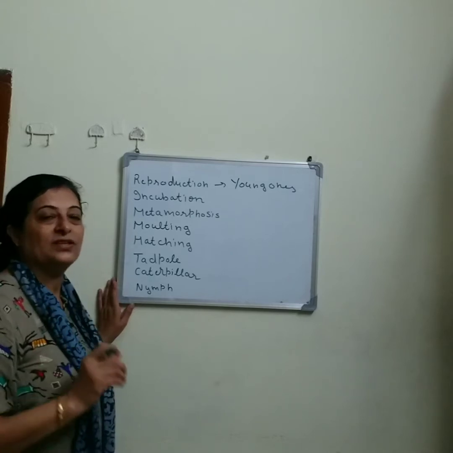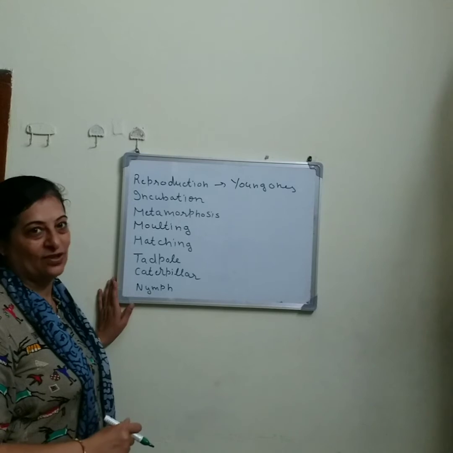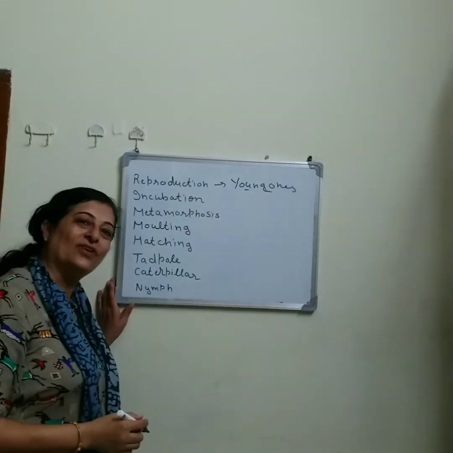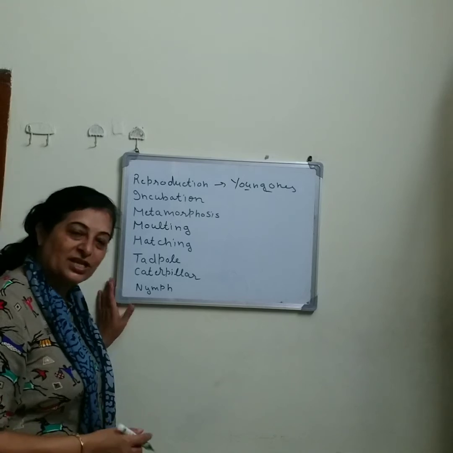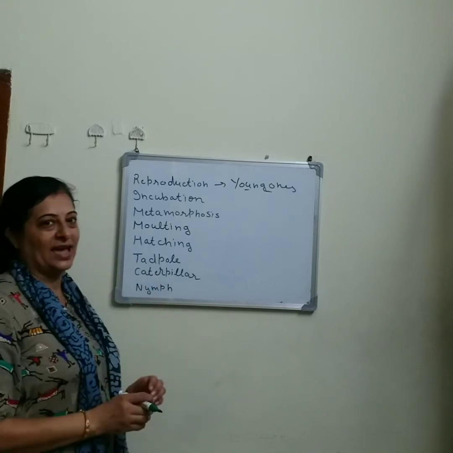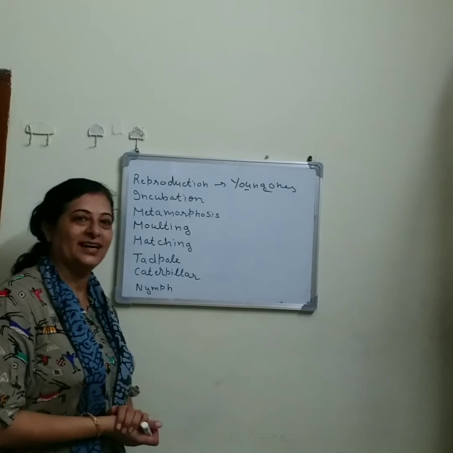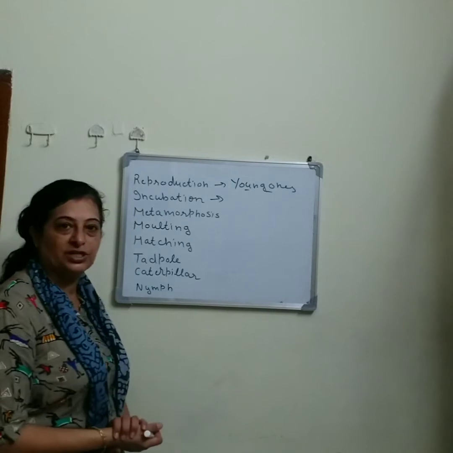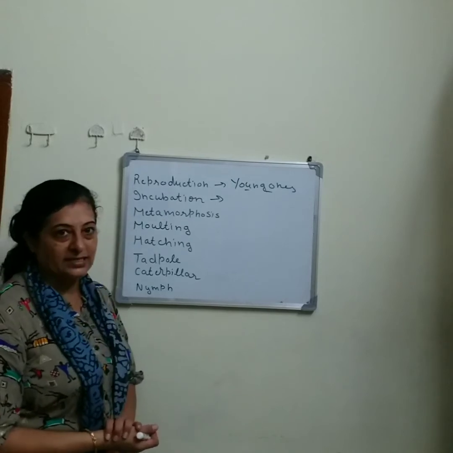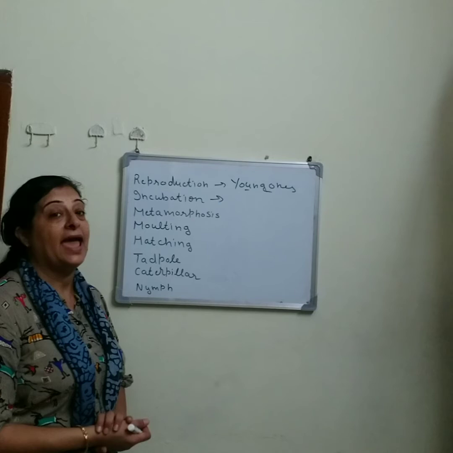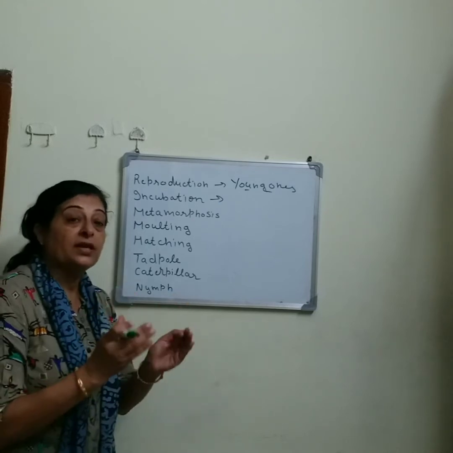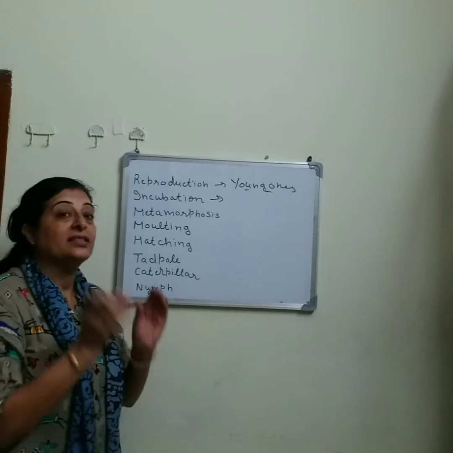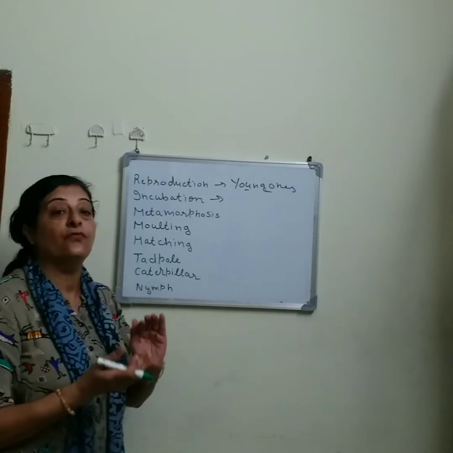Most parents, after reproduction, take care of their young ones. So reproduction is when any living organism gives birth to young ones. Now, the next one is incubation. If any living being lays eggs, then to hatch the young ones out of the egg, the baby needs warmth.